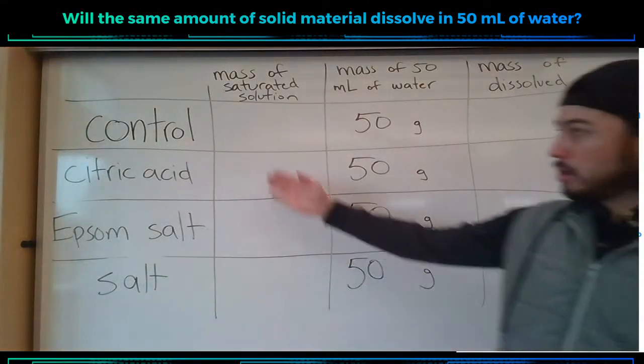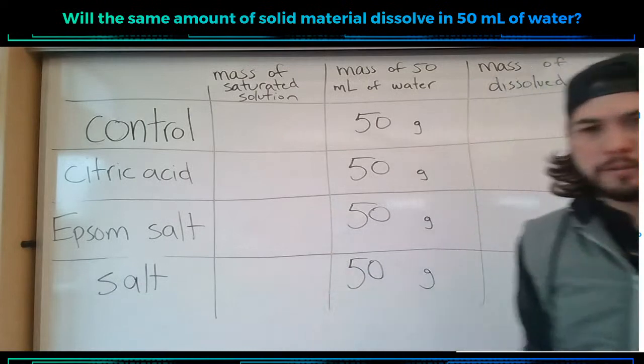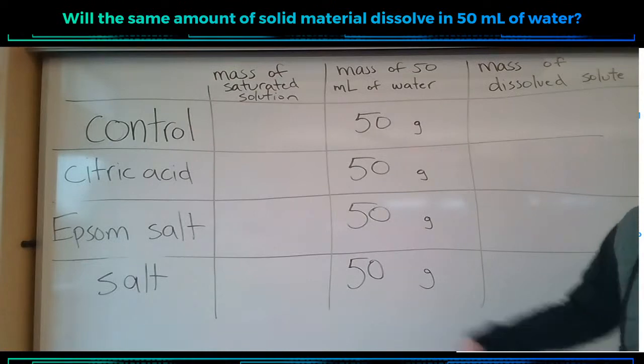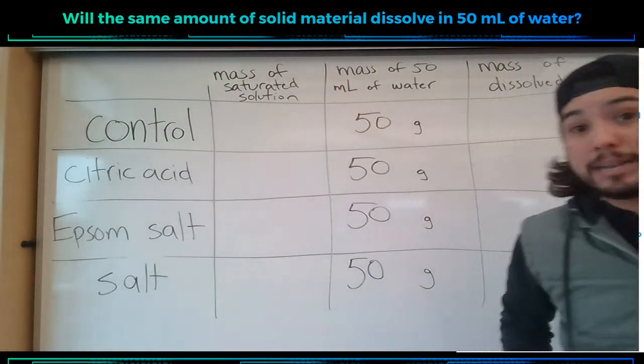We've got our 4 different rows here with our control, our citric acid, our Epsom salt, and our table salt. This column says mass of the saturated solution.